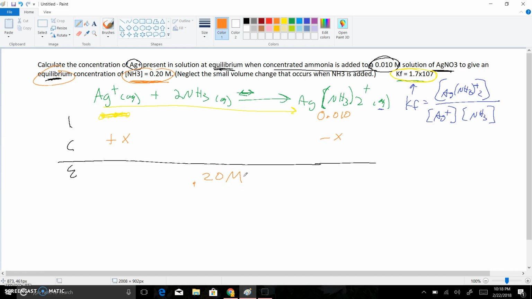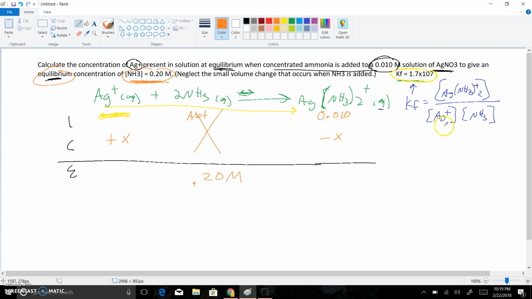So what that's really saying is whatever this is right here, the shifting is going to be enough. Whatever kind of shifting you're going to do, you're going to have a lot of this that you're going to add in to the solution. And some of it is going to go all the way to make this 0.01, but you have so much in there that at equilibrium you still have 0.2, which really tells you it doesn't really matter what's happening with the changing, because it tells you the equilibrium concentration, and that's what really matters, because that's what we put in the KF.